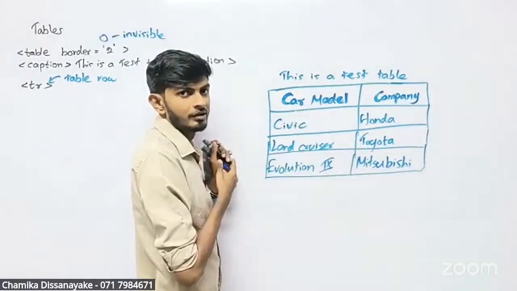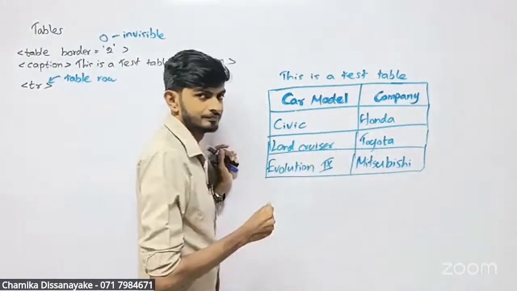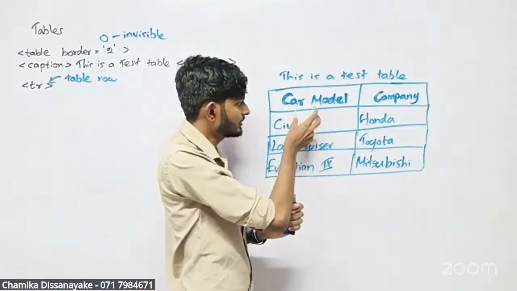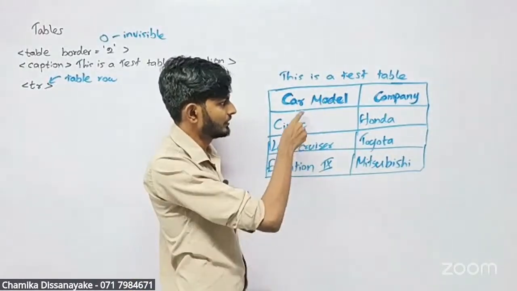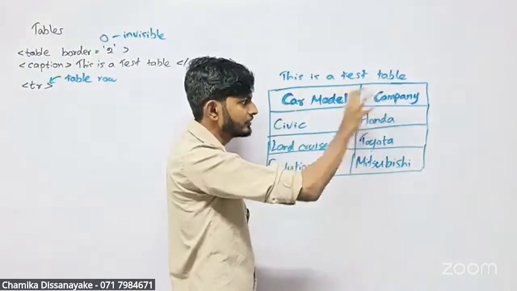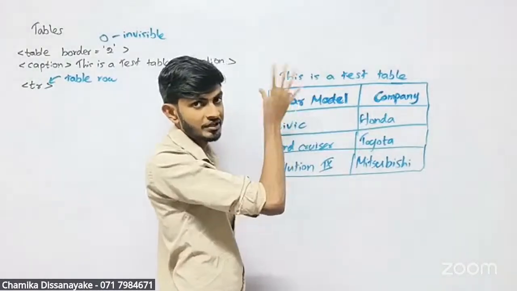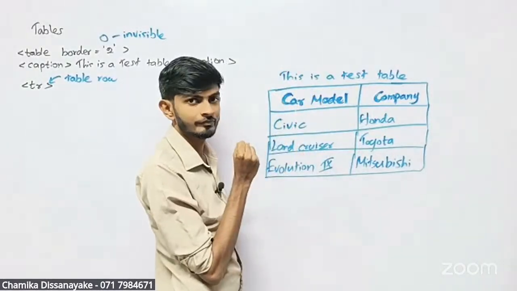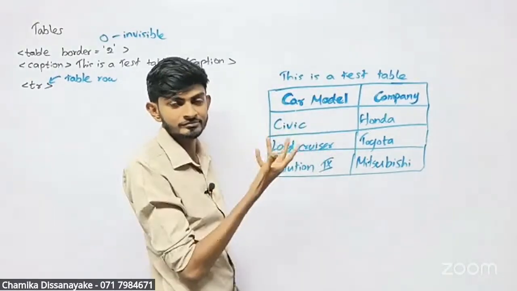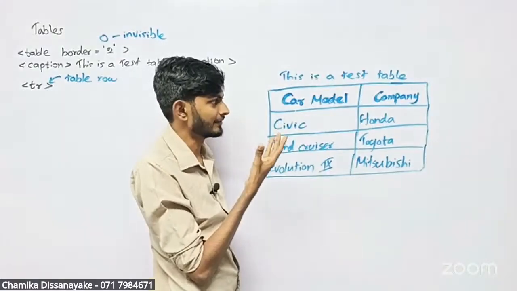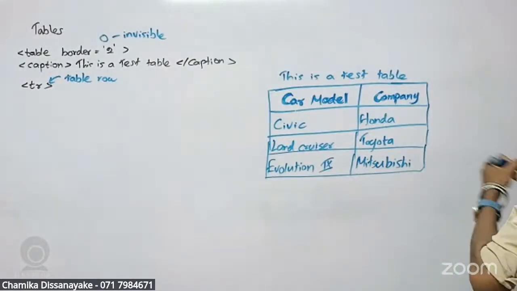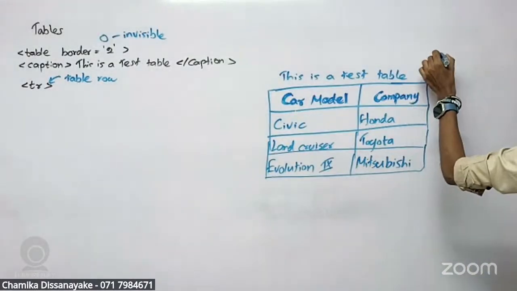I'm going to create those data, but there is a difference between those data and these data. Here you can see it is bold, and this is like a heading. The column name is the heading of this column. So this is like heading data. In heading data, we have two things.